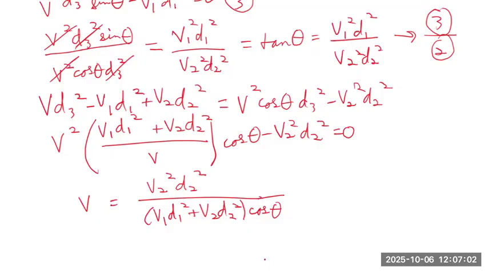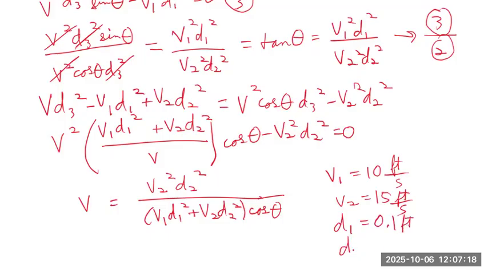And now we can plug in known values. We know that V1 is equal to 10 feet per second, V2 is equal to 15 feet per second, D1 is equal to 0.1 feet, and D2 is equal to 0.05 feet.